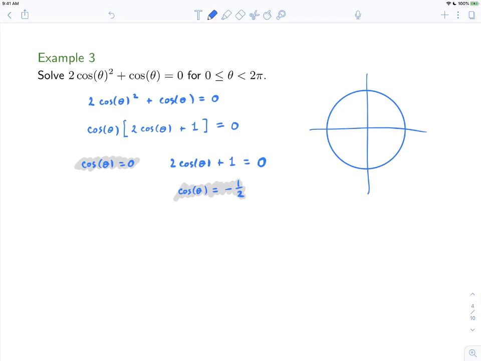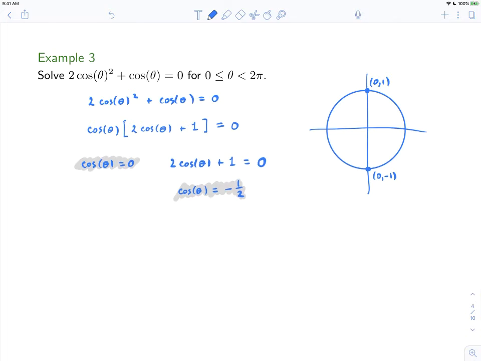Cosine is the x-coordinate. So if the x-coordinate is 0, then we're either at the very top of the circle or at the very bottom of the circle. That's where we have coordinates (0, 1) and (0, minus 1).